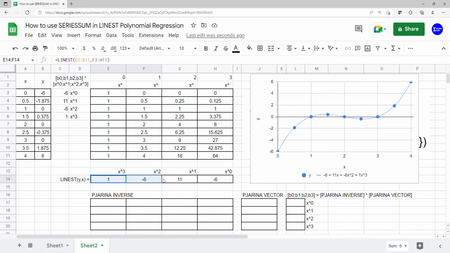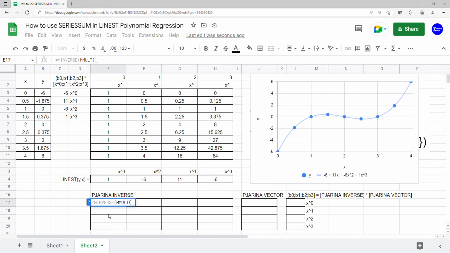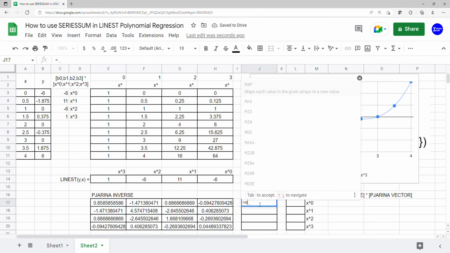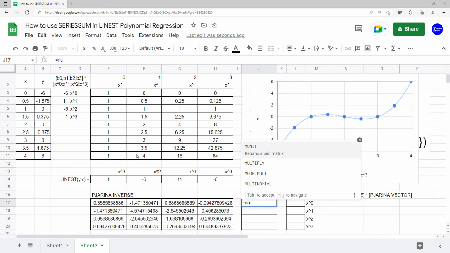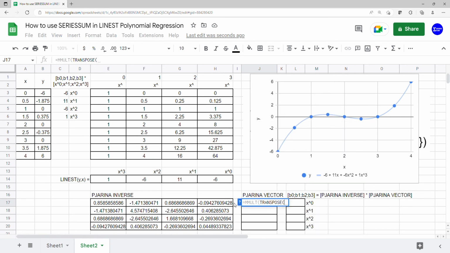And we'll calculate these values using matrix. We begin with the pseudo-inverse. So MINVERSE, MMULT, transpose of the LINEST matrix and itself, and the pseudo vector, which is MMULT, transpose of the LINEST matrix and the y values.